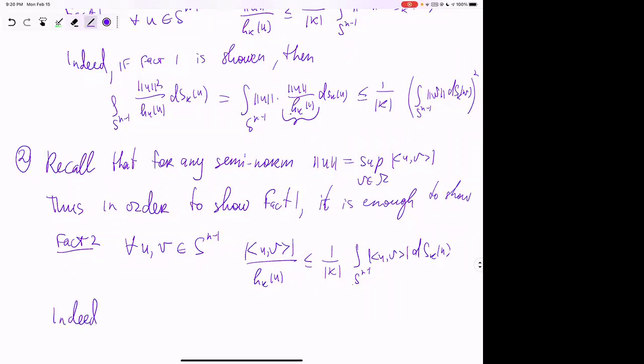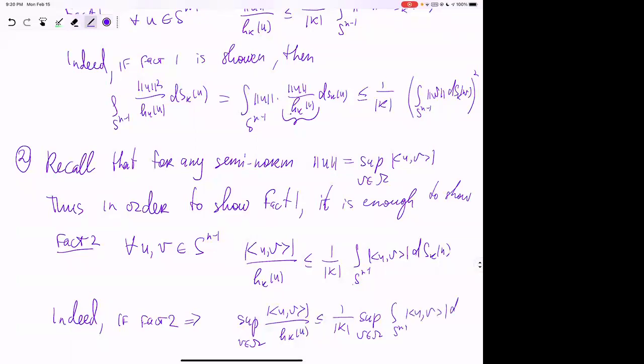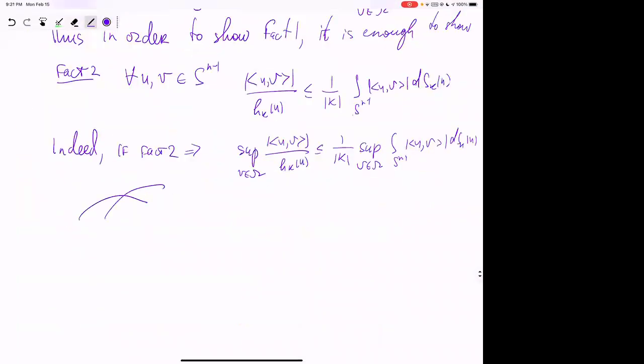Why is it enough? Well, if we have fact 2, then immediately we can put the supremum on both sides, the supremum over the set omega smaller than or equal to K. I have the supremum of integrals. You know, the supremum of an integral is always smaller than the integral of a supremum for non-negative functions, right?